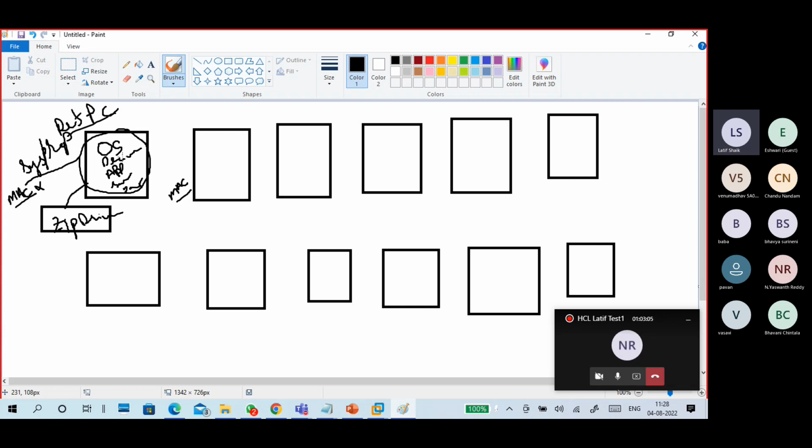It only removes the unique ones. System ID: every system has a system ID, like a computer name kind of stuff. Computer names are different. It will remove that computer name based on the system ID. Users are different here, user 1, user 2, user 3. So user information it will also remove.